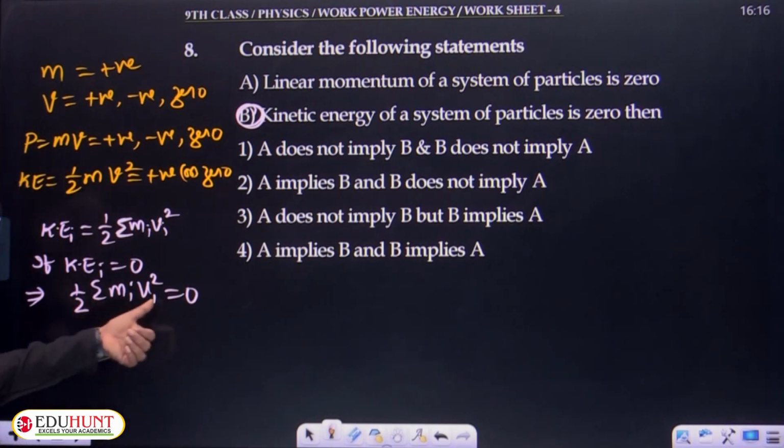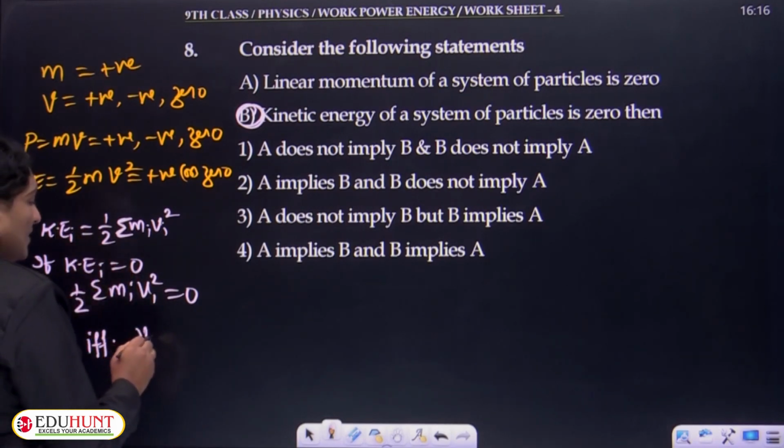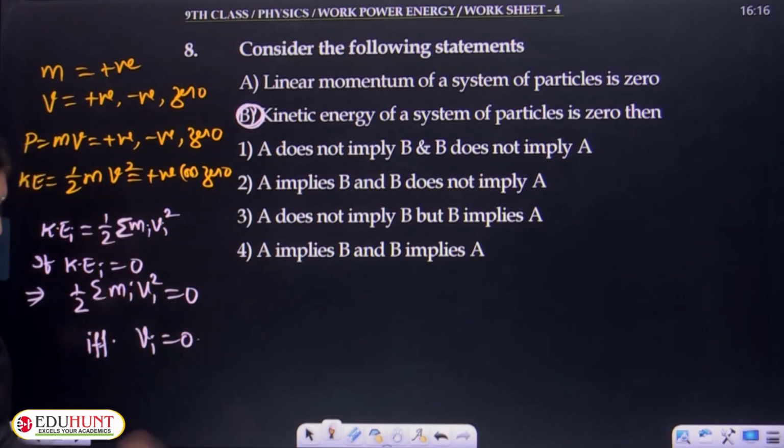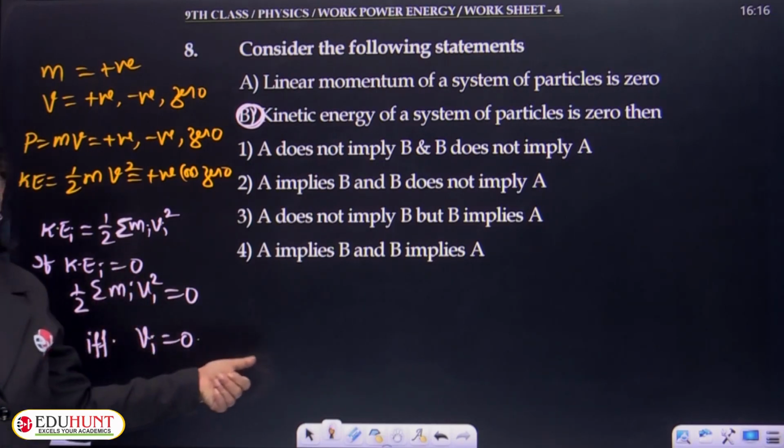When does this equal 0, children? Half is not equal to 0, the sum of the masses is not 0. This can be possible if and only if vi is equal to 0. So kinetic energy will be 0 only when the velocity of the particles is 0.